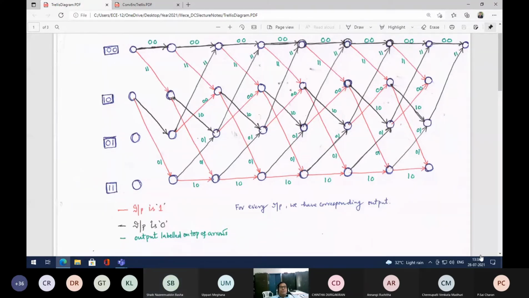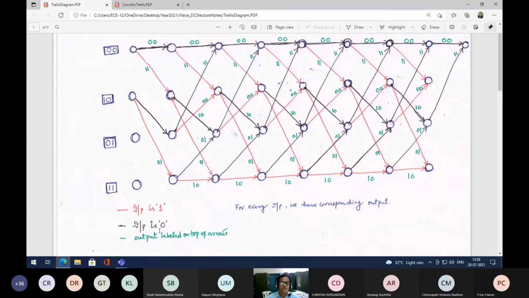I have given you this: black indicates when the input to the system, whatever we have assumed, the convolutional encoder or half rate encoder, is 0, and whenever there is a 1, it is indicated with a red color.